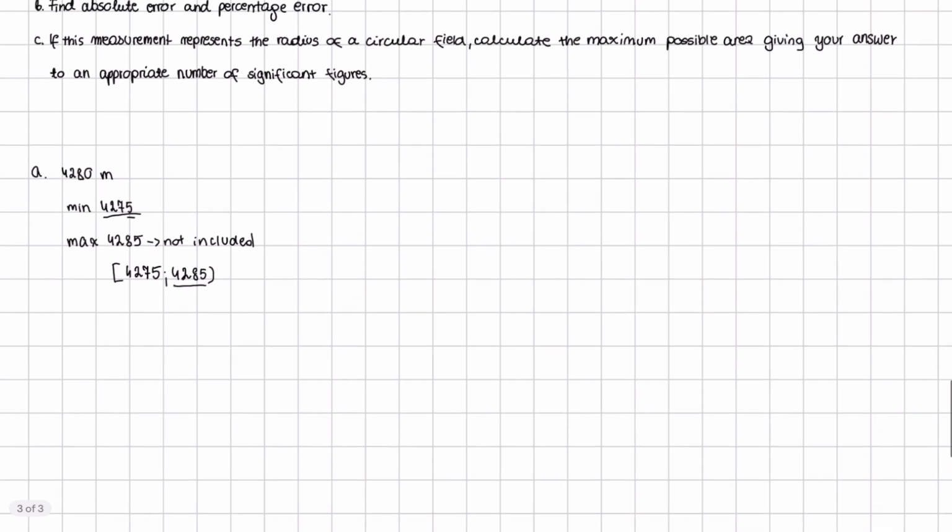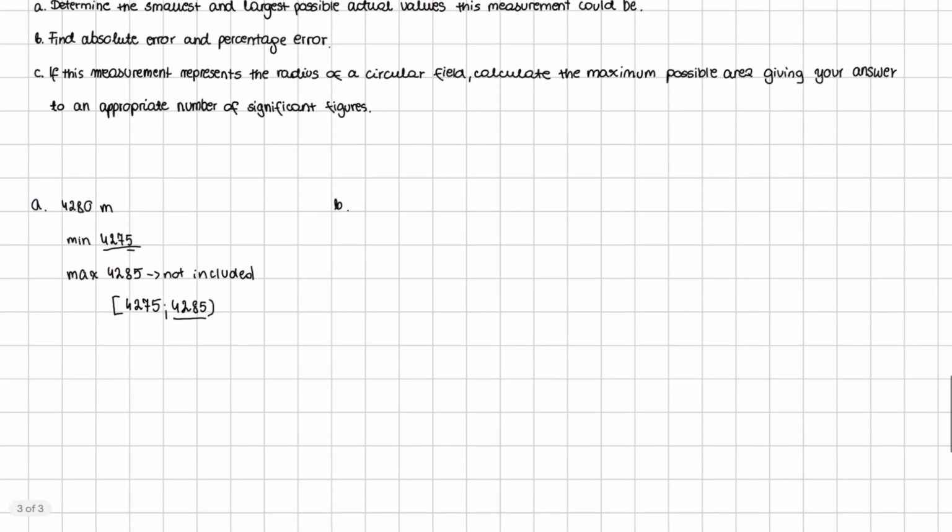So this is our answer for point A. And in point B, we have to find the absolute error and percentage error. We already know that the absolute error is half of the difference between the maximum and minimum value.